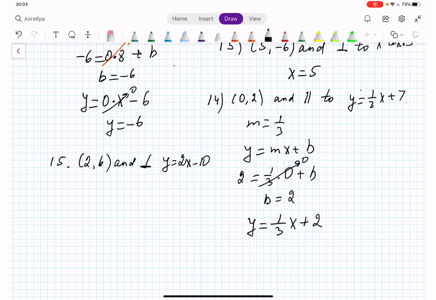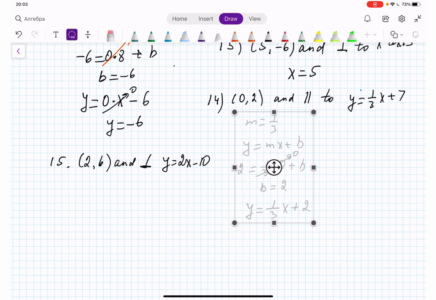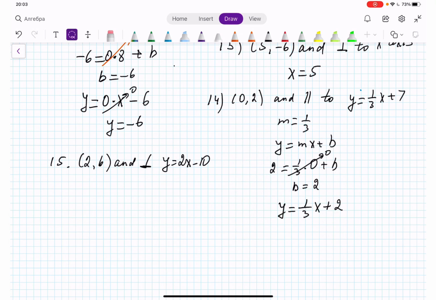We are solving the same way as we did number 14, with the difference that we are taking the negative reciprocal of the slope. So if slope m here is equal 2, then for our new equation that is perpendicular, m is going to be equal -1/2.